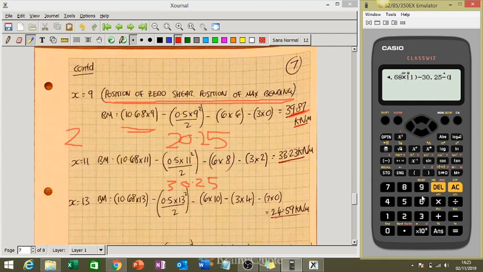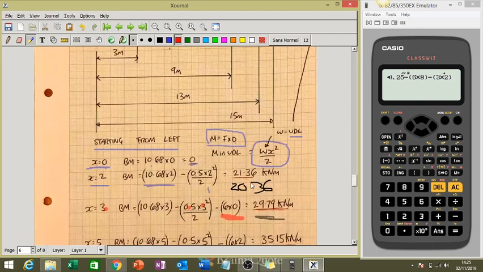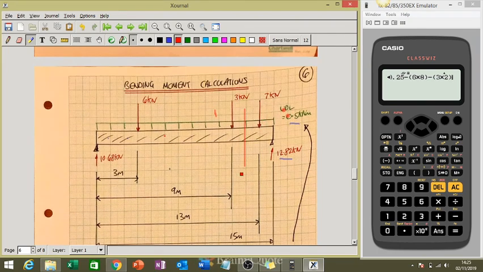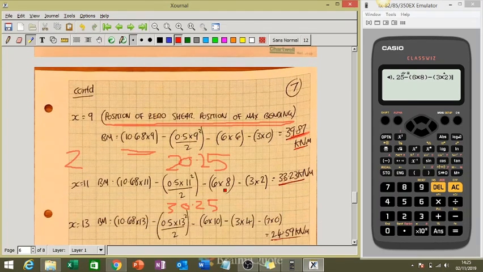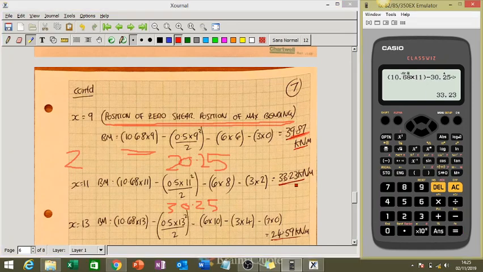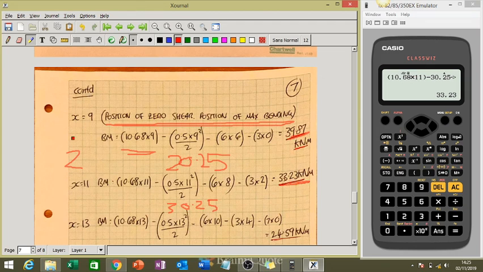Take away 6 times 8. Take away 3 times by 2. Right, do that now if you want to. Equals 33.32. So it's coming down because obviously that was the maximum bending moment. So it's coming down now, which is good, which means we know that's the important point.